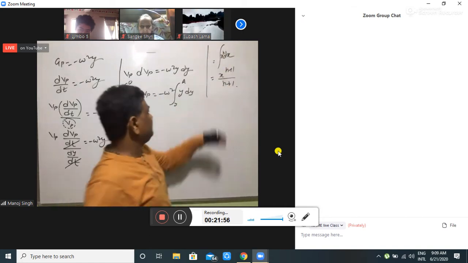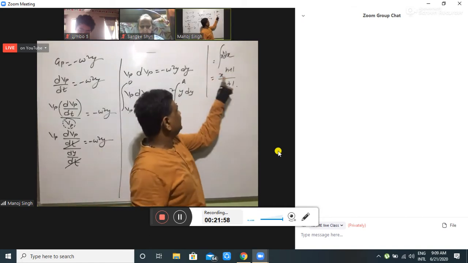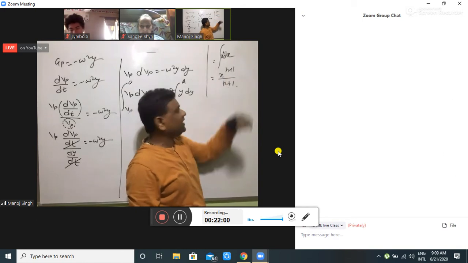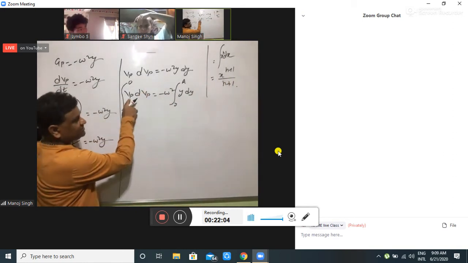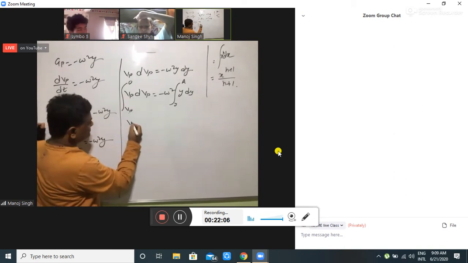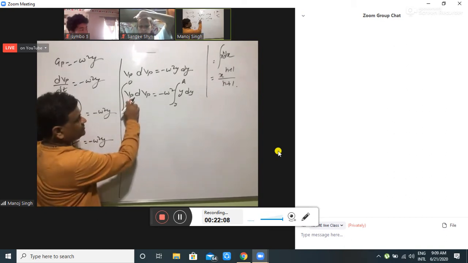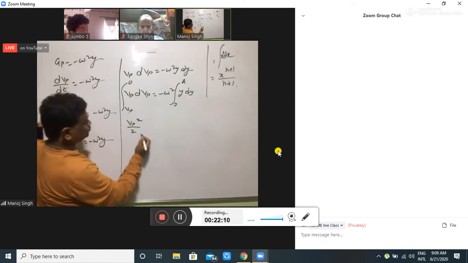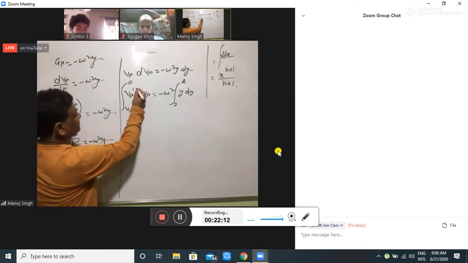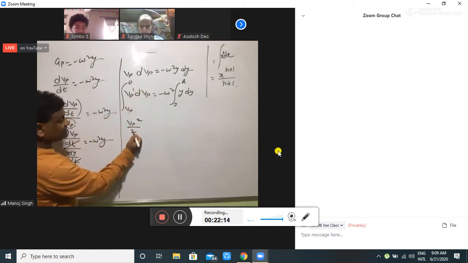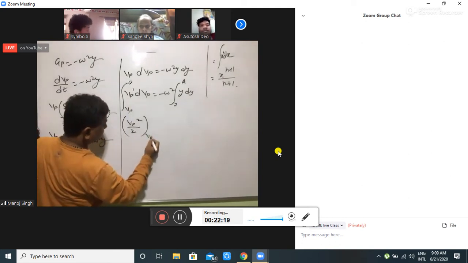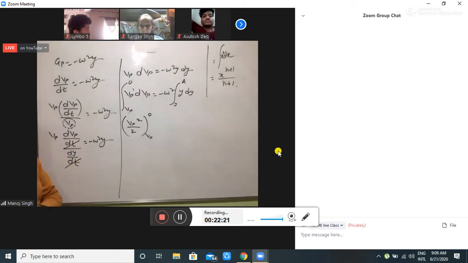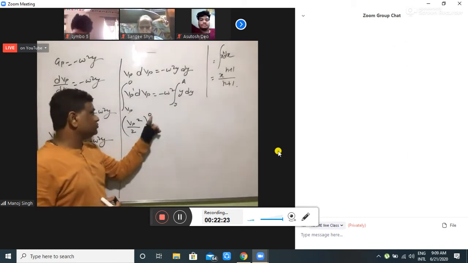This concept we will apply here now. What is the integration of vp dvp? It is vp square by 2, since the power is 1 plus 1, which is 2. Limit is from vp to 0, velocity of the particle from vp to 0.